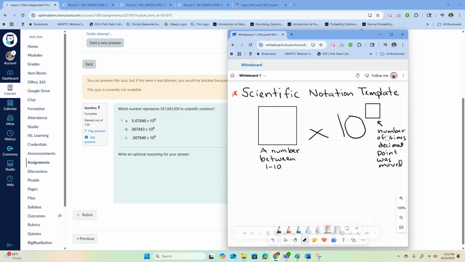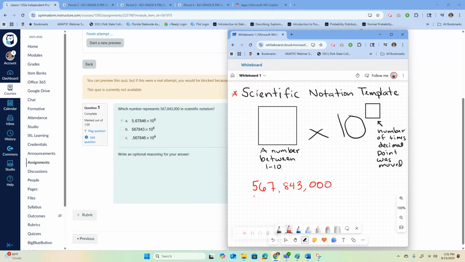And that will tell you how many times you move the decimal point to make a large number be written in scientific notation. So in this problem, they gave us the big number 567,843,000.